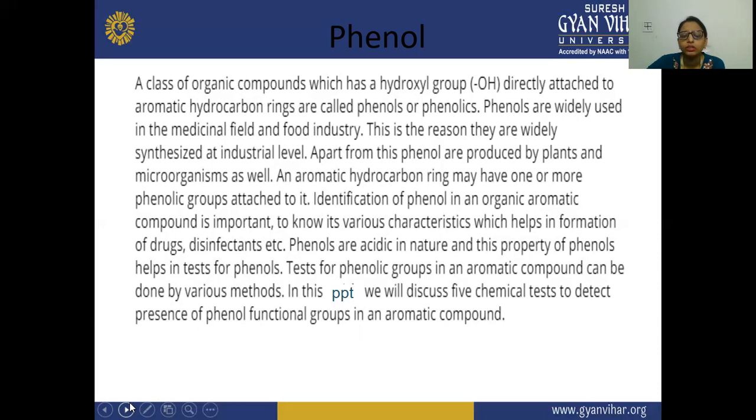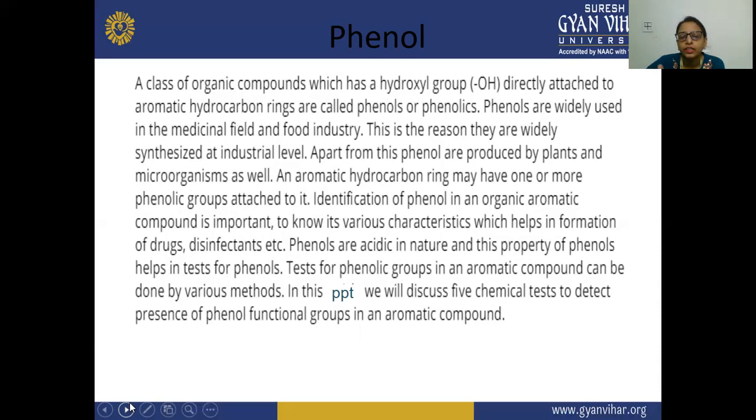You can say phenol is also an alcohol because an OH group is attached to it, but in this case it is attached to an aromatic hydrocarbon. Phenol can also be produced by plants and microorganisms, and an aromatic hydrocarbon ring may have one or more phenolic groups attached to it. Phenolic groups mean hydroxyl groups are attached to it.